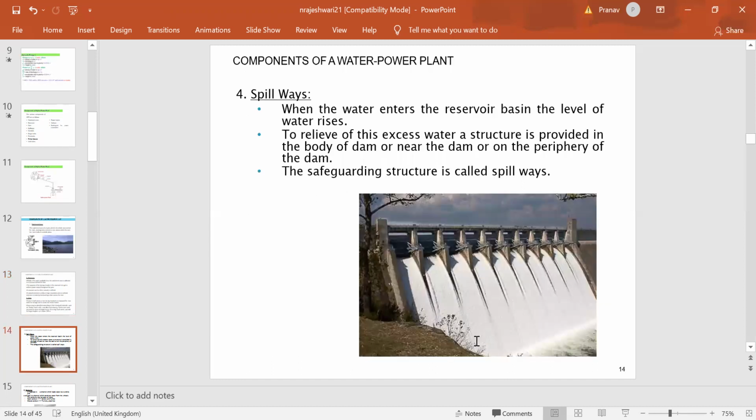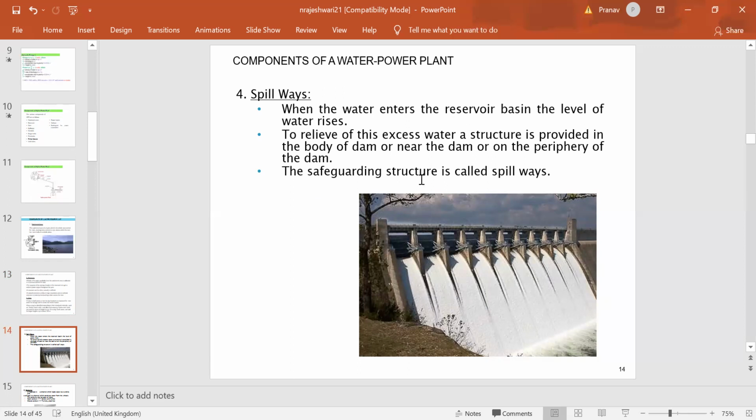And coming to the spillways. When water enters the reservoir basin, the level of water rises, and to relieve this excess water, a structure is provided in the body of the dam, near the dam, or on the periphery of the dam.